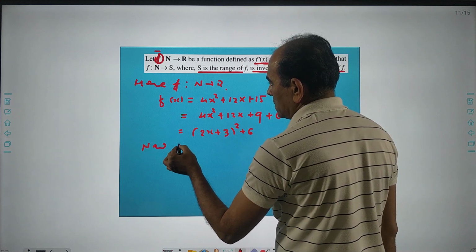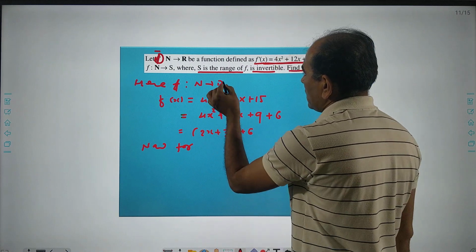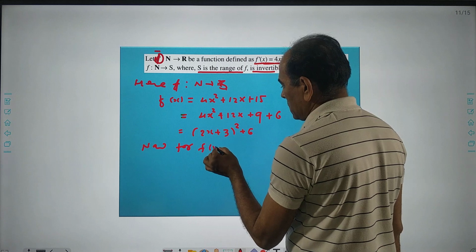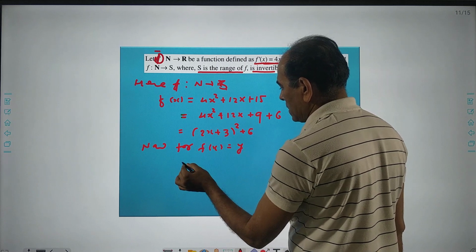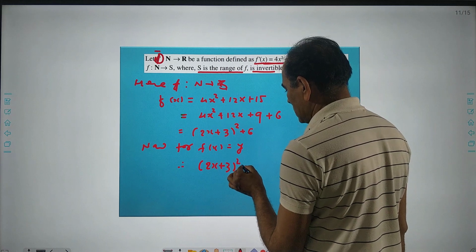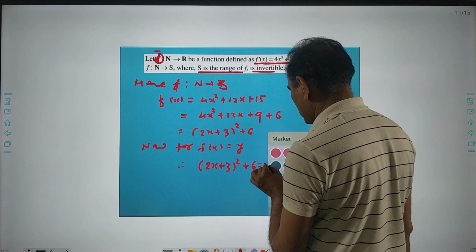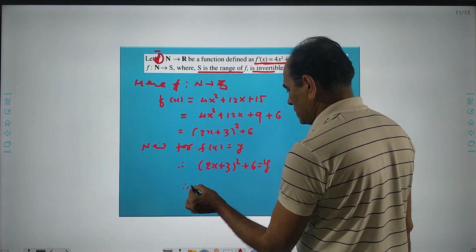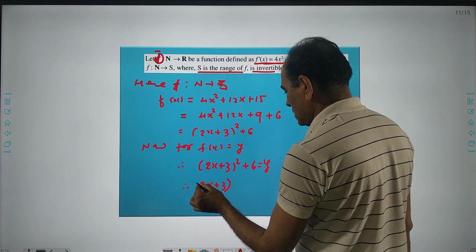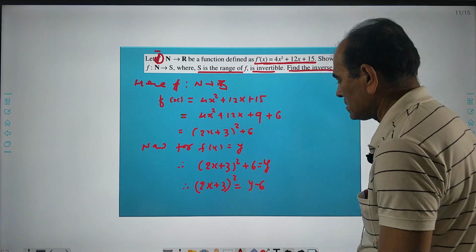Now for f from N to S, now for f(x) is equal to y, what do we get? (2x + 3) whole square plus 6 is equal to y, and therefore (2x + 3) whole square is equal to y minus 6.